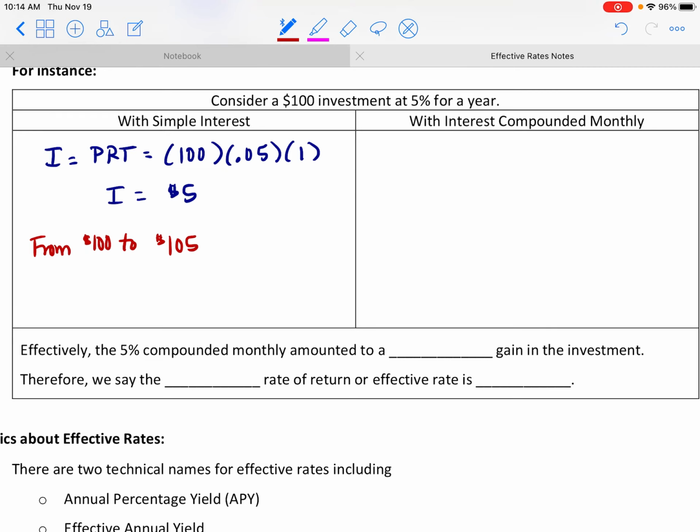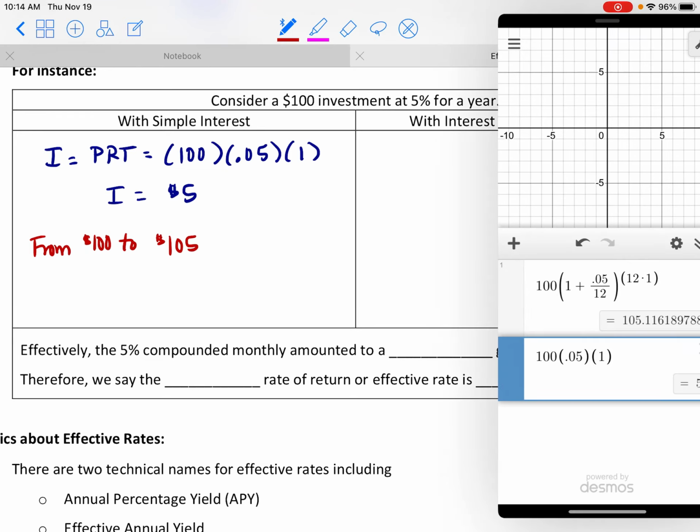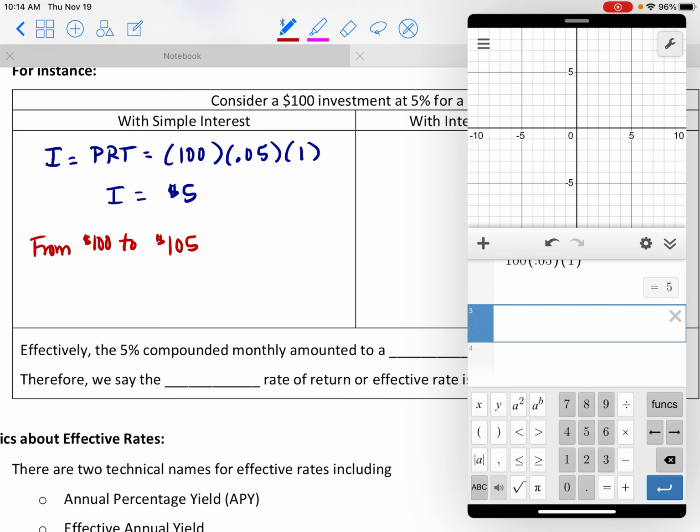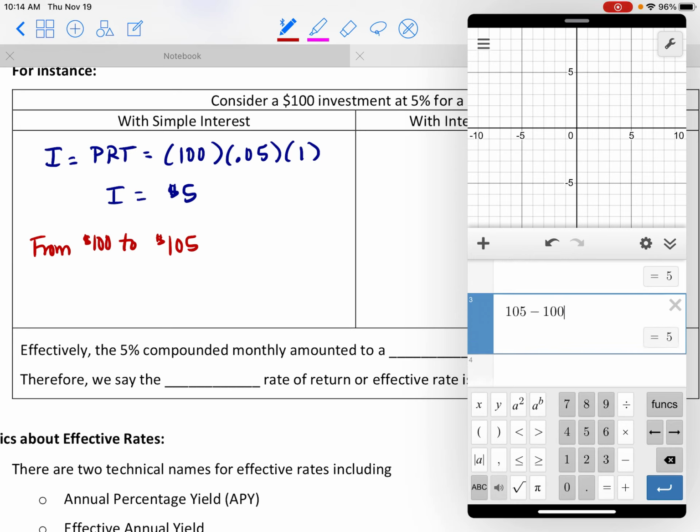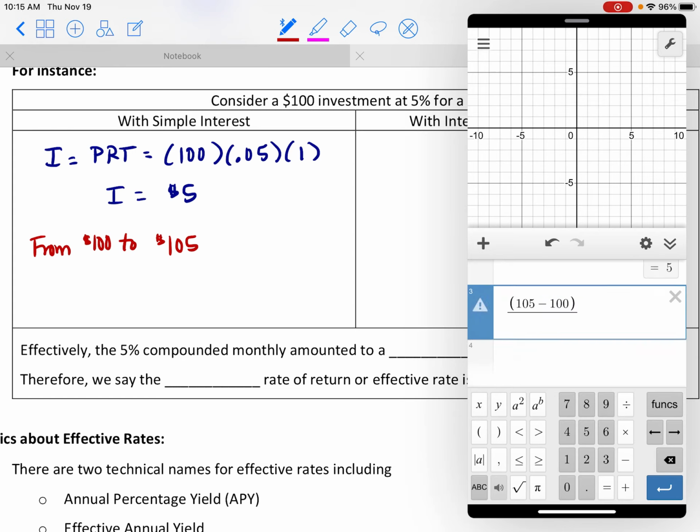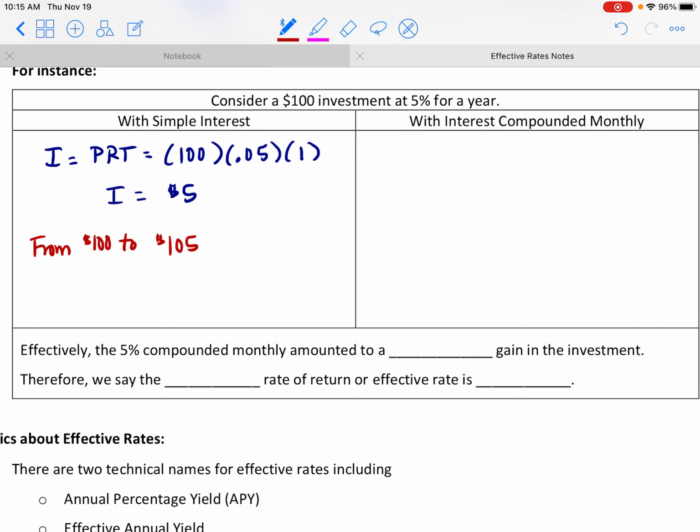So if you're going from $100 to $105, remember our percent change formula says to take that newer amount, subtract that previous amount, and then divide by that previous amount. And you see there is a 5% gain after we multiply by 100 and change that to a percent. And that's why I used 100 here, because it's really easy to see. From 100 to 105 is a 5% gain for the year.